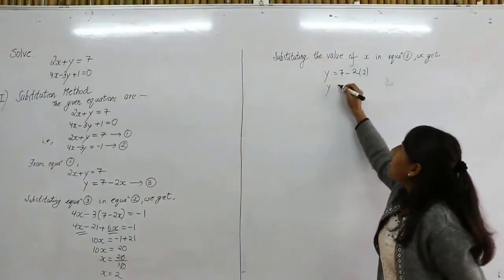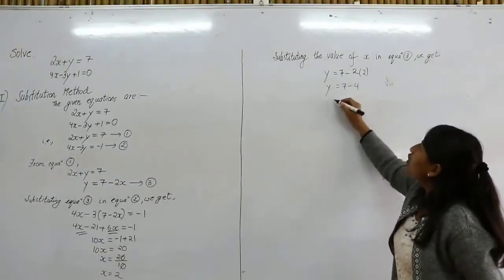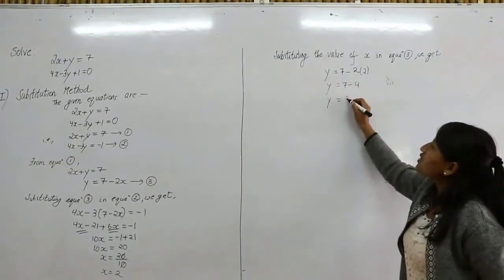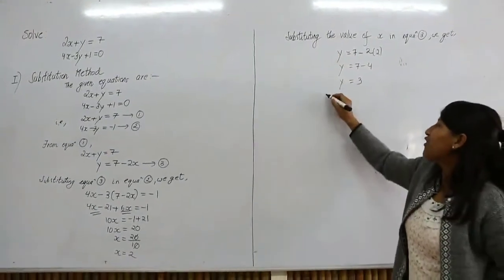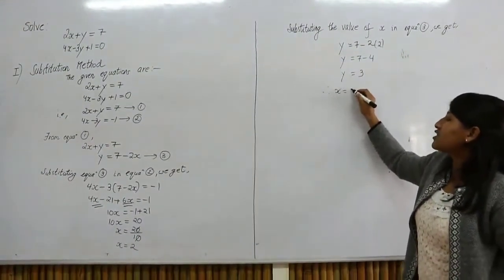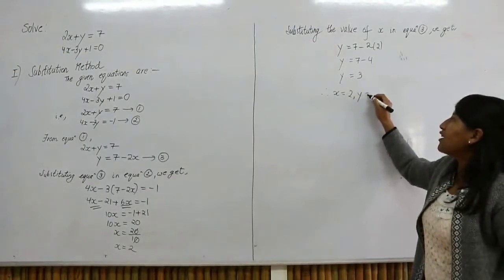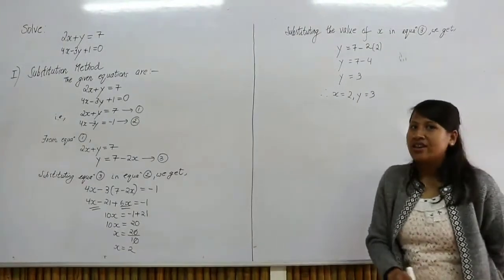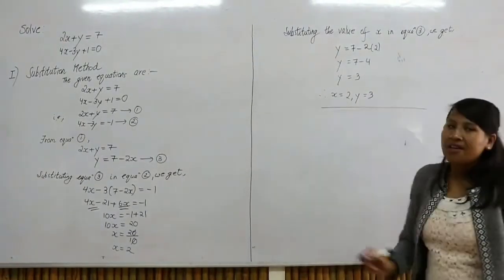So y equal to 7 minus 4, so y we got as 3. Therefore, the answer is x equal to 2 and y equal to 3.